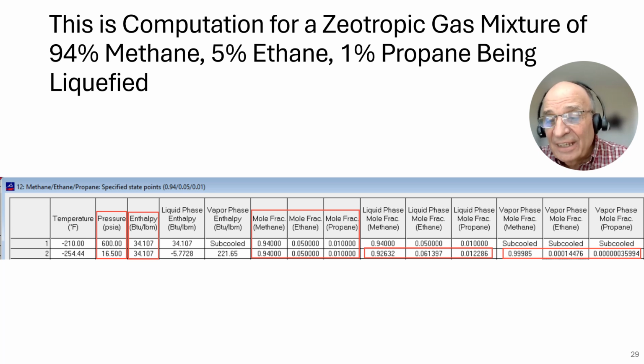The flash gas: 99.985% methane, 0.014476% ethane, and just a trace amount of propane, 0.00035%. That's what's in my flash gas. But take a look at what happened to the LNG itself. It became richer in propane and richer in ethane and less rich in methane.